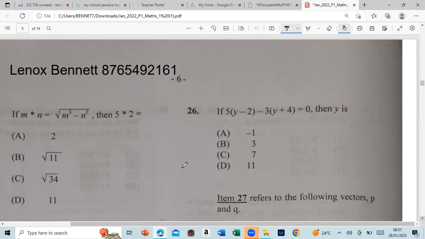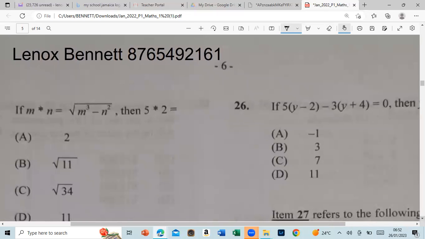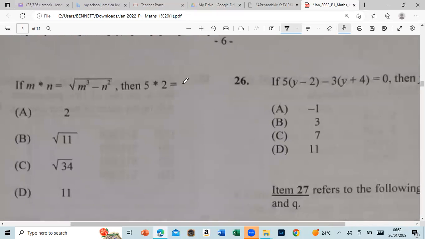So this one says if m asterisk n is equal to m cubed minus n squared, then 5 asterisk 2 is equal to. So first, it follows the order that it is given. What this means is that m is equal to 5 and n is equal to 2.